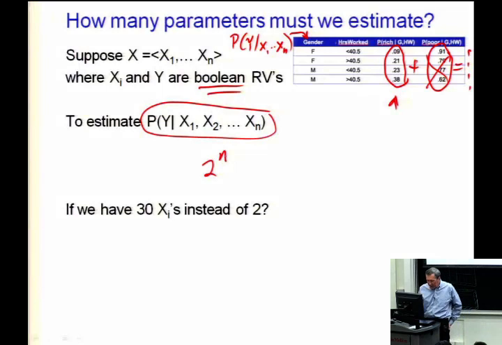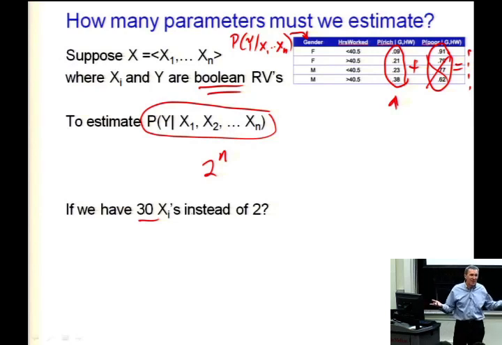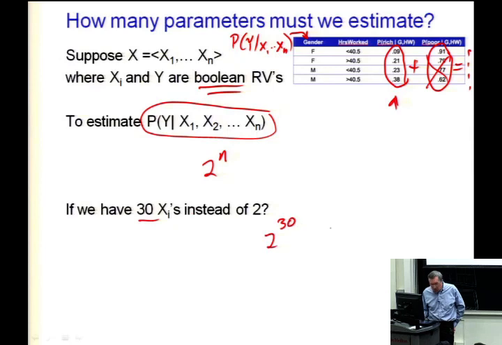Okay, and if n is 2, as it is in this little table up in the corner, then that's no big deal. If n is any kind of a substantial number, it starts to become a big deal. If we have even just 30 variables, which is not too many to ask for in a reasonable database, then 2 to the 30 is already a big number.